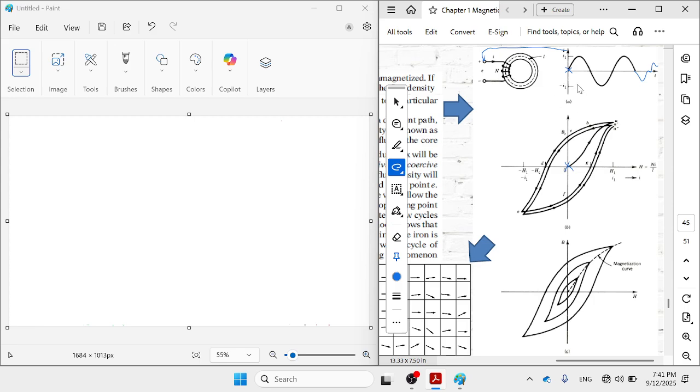Then when we inject positive current, the magnetizing increases, can you remember, in this way, then reaches the saturation point. Where is this saturation point? This saturation point is here. See? This saturation point, the first one, coming here.